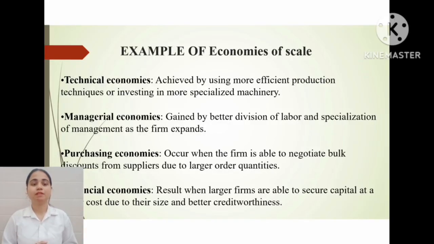Purchasing economies occur when the firm is able to negotiate bulk discounts from the supplier due to large order quantities. When we order a large quantity from a particular supplier over the last few years, the supplier trusts that you can pay on time, you pay the interest on time, or you are a customer of theirs, so they can give you a large discount on the raw material you want to purchase.